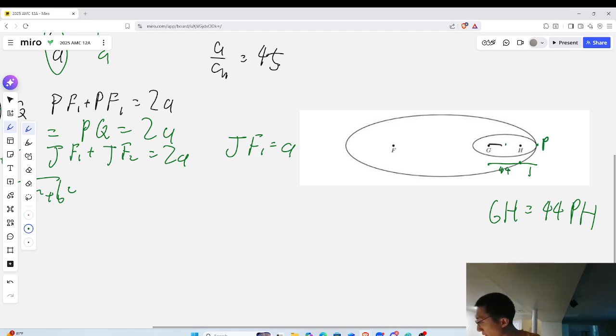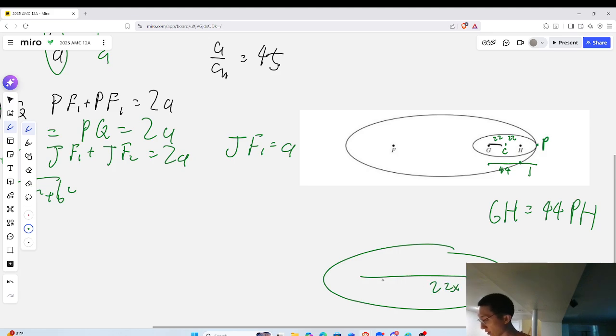By symmetry, the center of the small ellipse, let's call it C, cuts the 44 parts into two parts of 22 each. Now we can apply our focal length definition. So this is x, this is 22x, and this is 22x.